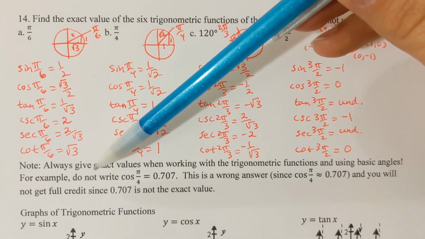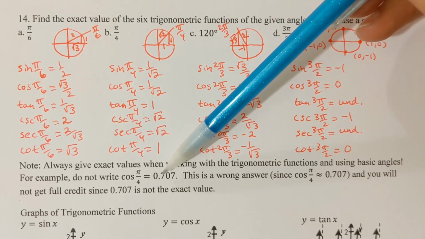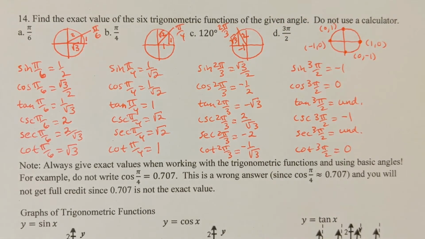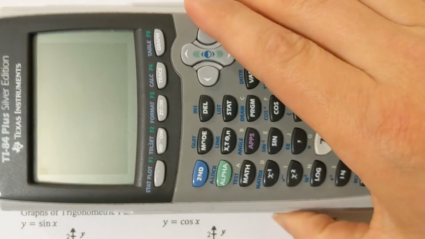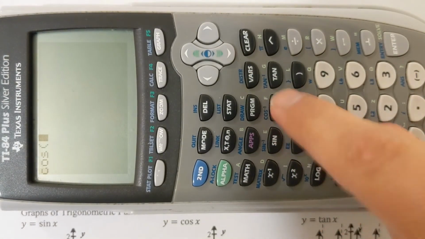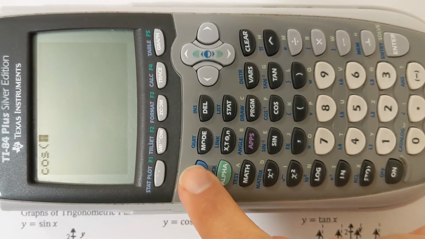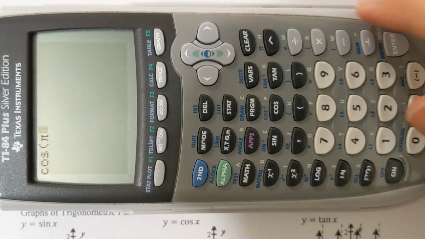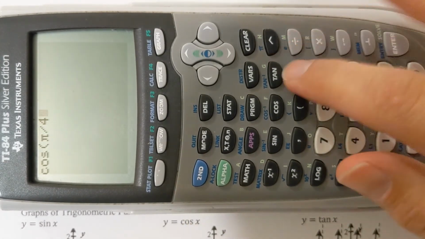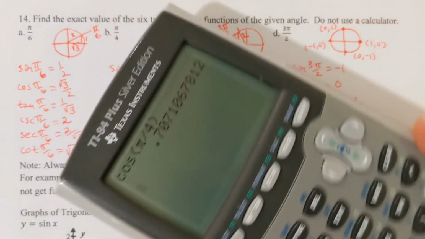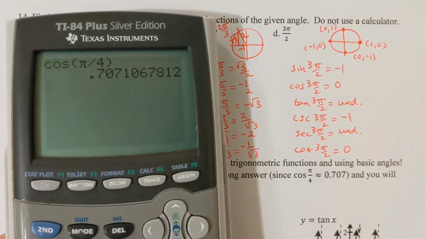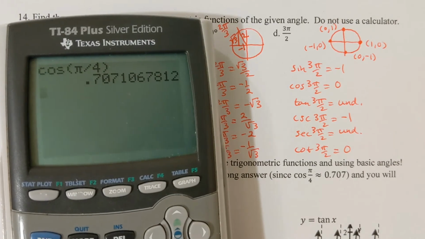For example, don't write cosine pi over 4 is 0.707. That would actually be a wrong answer, since if you were to type in cosine of pi divided by 4, it's not 0.707 and then it just stops. It's an infinite decimal.